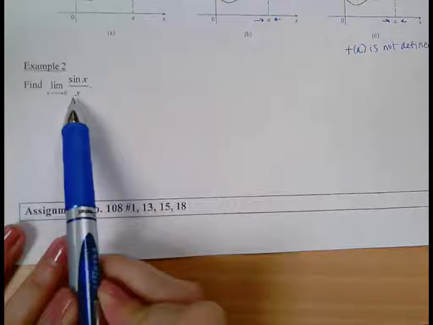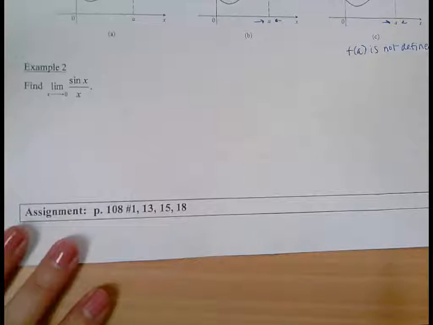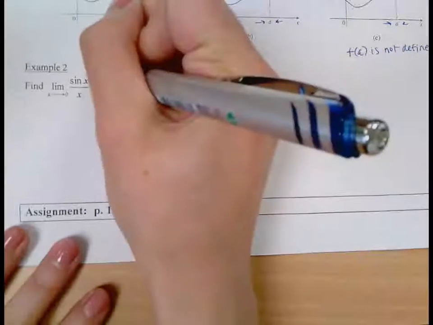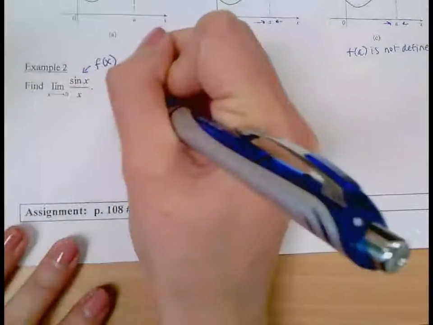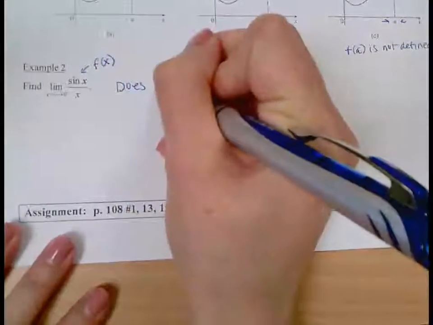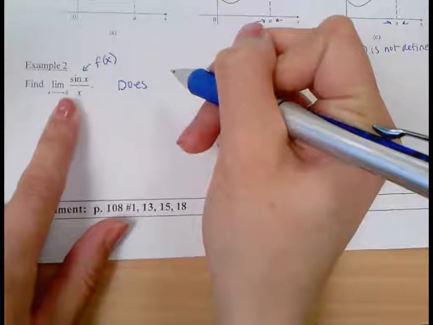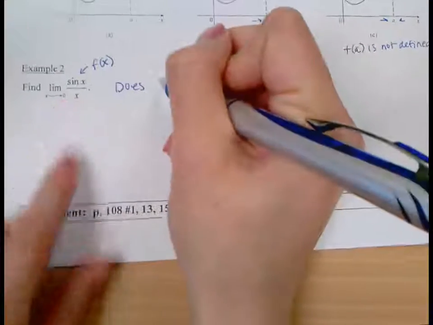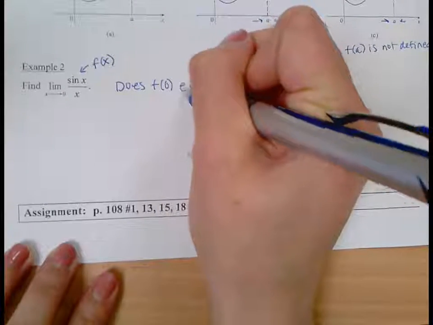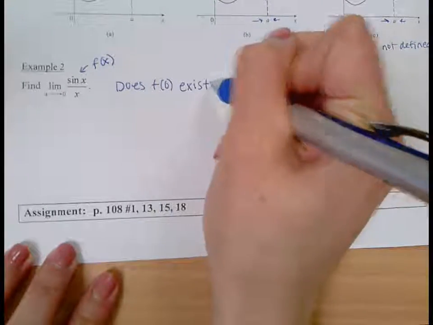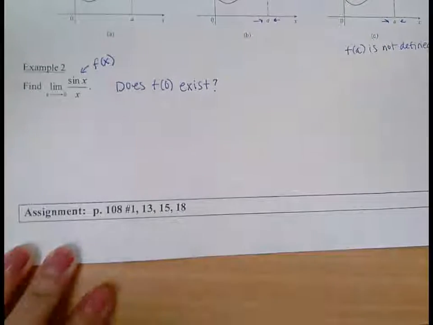So one thing I want to point out first of all, say this is our function f of x, sine of x over x. My question is, our a value in this case is 0. We're approaching 0. Does f of 0 exist, or is f of 0 defined for this function?